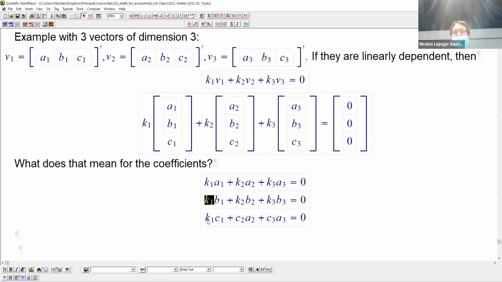Essentially, we know that we have some set of K1, K2, K3 that's not 0. But we don't really care about this. What we care about is what that means for the link between these coefficients.